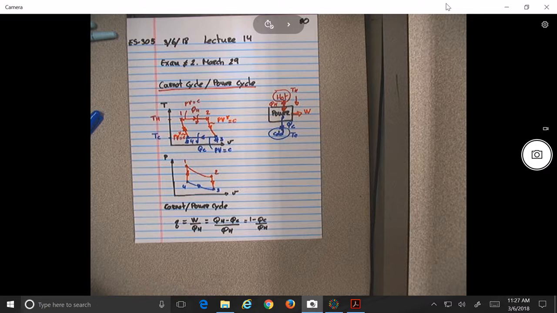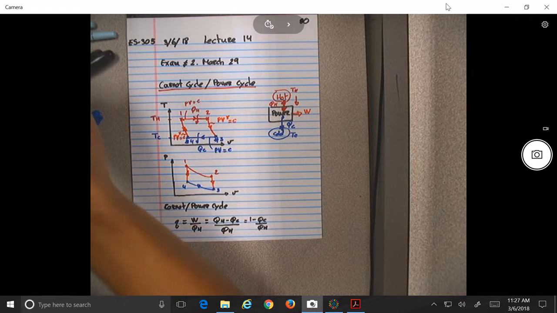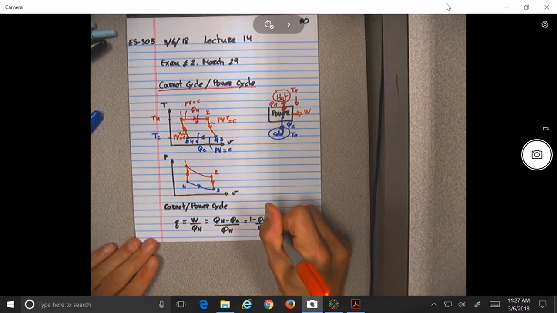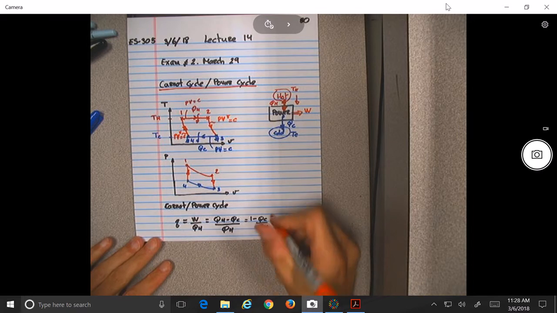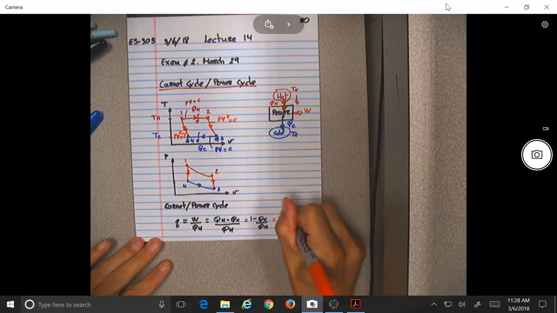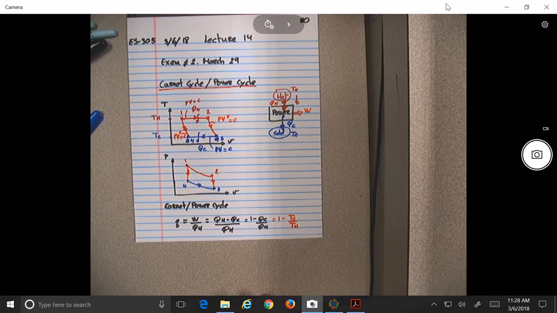All right? So here, the part that we are interested in is actually this one. And we say, but without proving it, that this, in the ideal case, was equal to what? 1 minus Tc over Th. Okay?